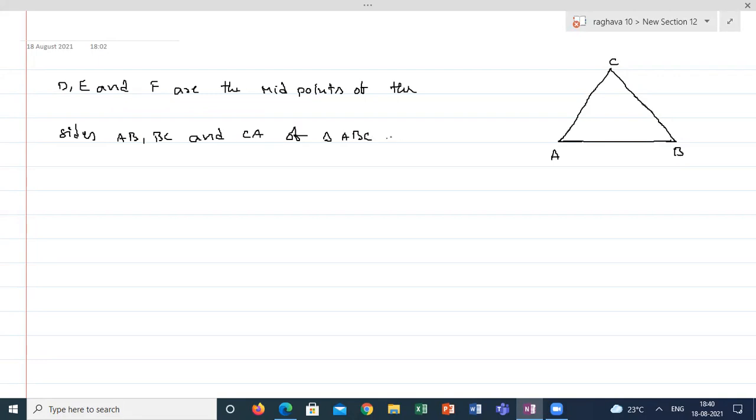So these are the midpoints. Sorry guys, this is D, this is E, this is F.